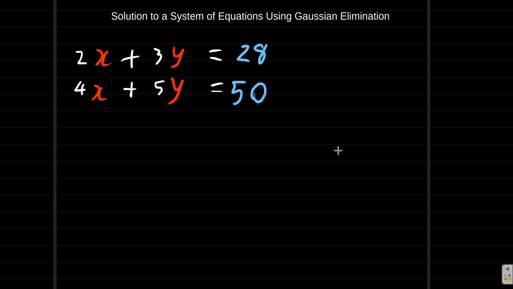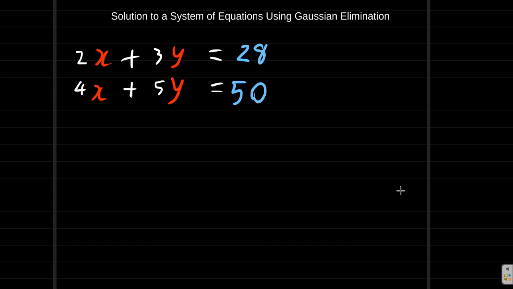And then William Jordan, who lived between 1842 and 1921, is credited with extending that elimination method, where he transformed the system of equations to what they call reduced row echelon form, so that you have smaller numbers in that system of equations. Alright? So what we're looking at is the Gaussian elimination method.